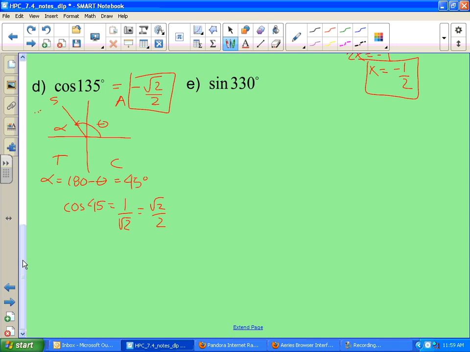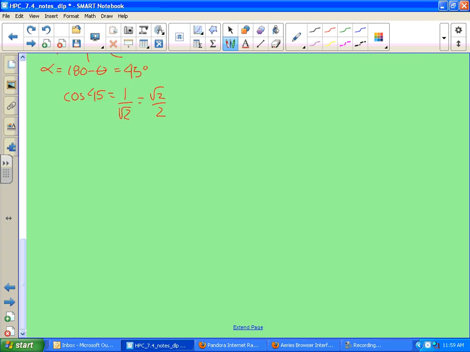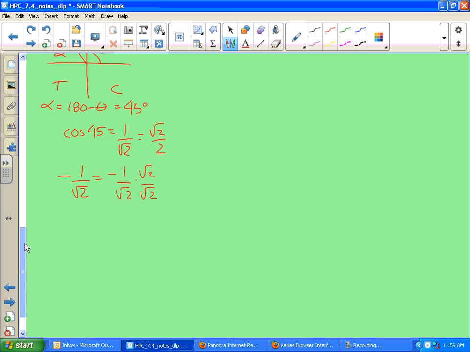The negative comes from the fact that I am negative at the cosine point. I got that, but I had 1 over radical 2. Okay, so negative 1 over radical 2. You had that? Yeah. Okay, negative 1 over radical 2 is not rationalized. So we need to rationalize it by doing this. Yeah. All right. So far, so good?